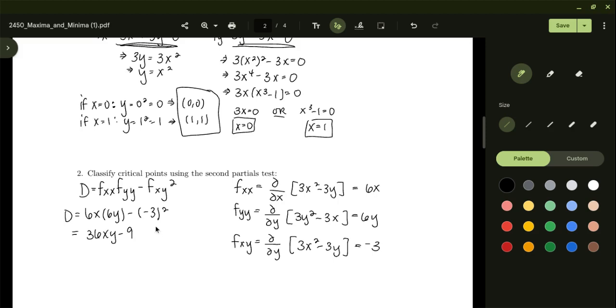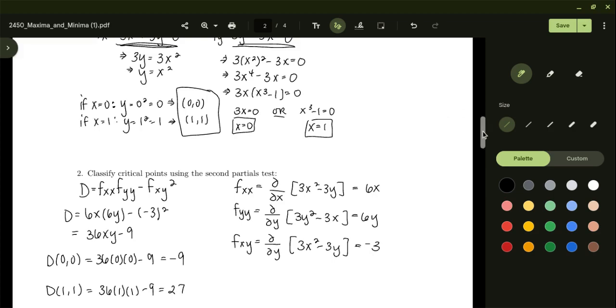Now I need to find the value of the discriminant at both of our critical points. At 0, 0, we get 36 times 0 minus 9, which equals -9. And at 1, 1, we have 36 times 1 minus 9, which is positive 27.